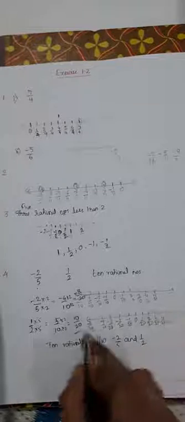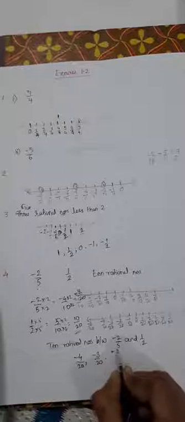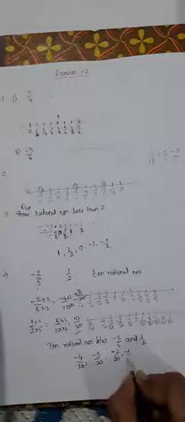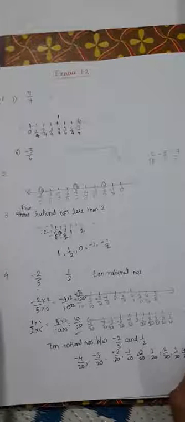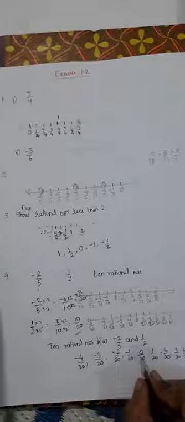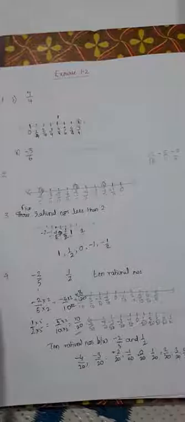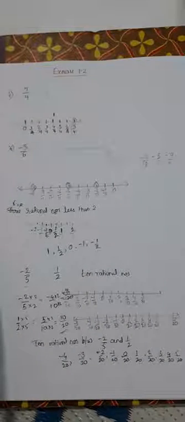Here I am going to collect minus 4 by 20, minus 3 by 20, minus 2 by 20, minus 1 by 20, 0 by 20, 1 by 20, 2 by 20, 3 by 20, 4 by 20, 5 by 20. That is 10 numbers. So this is how you collect 10 rational numbers between two given rational numbers.